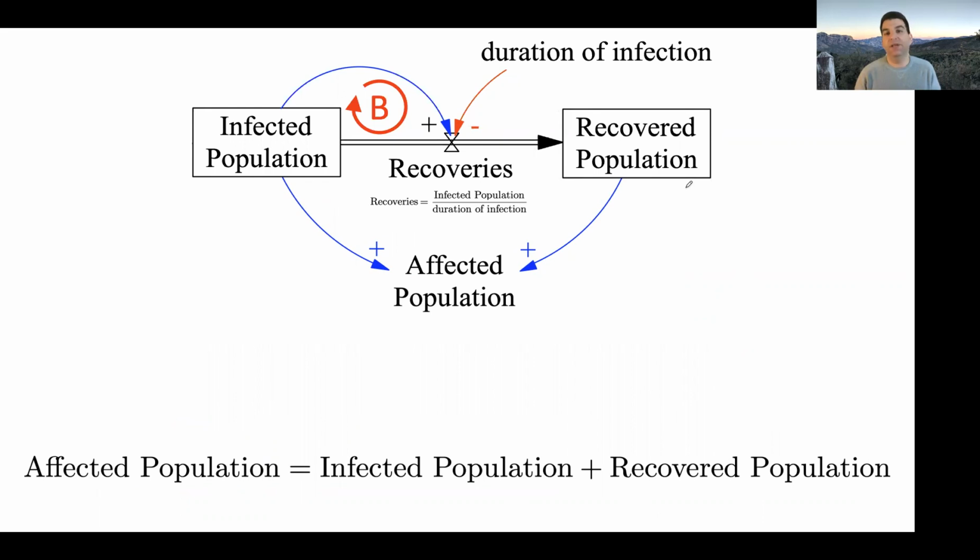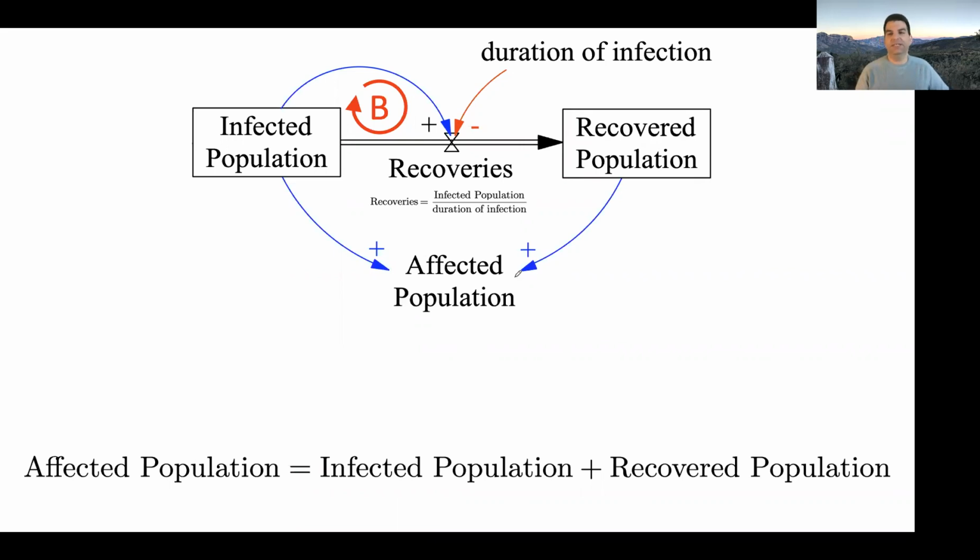A policymaker might want to know how many people have been affected directly by the disease. So I can create a variable to plot the affected population, which is just the sum of the infected population and the recovered population. I just draw this down here.